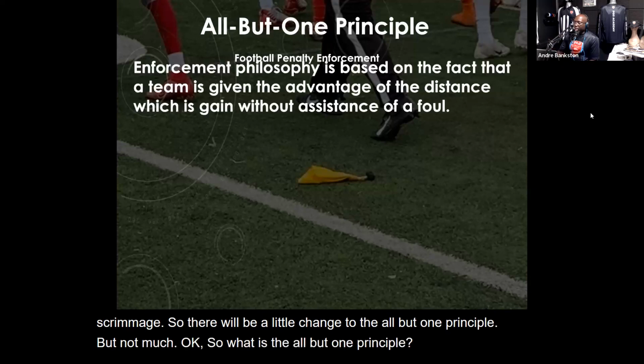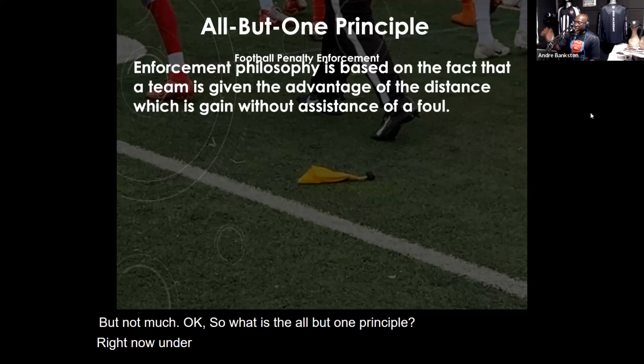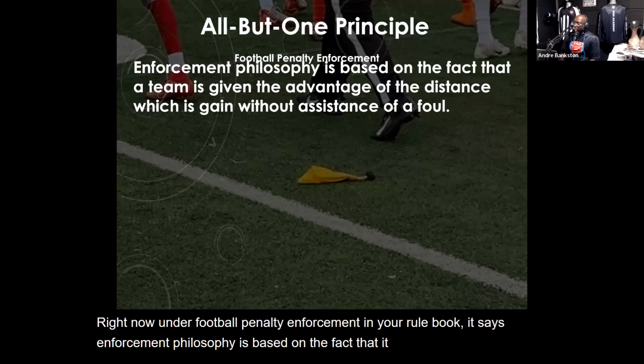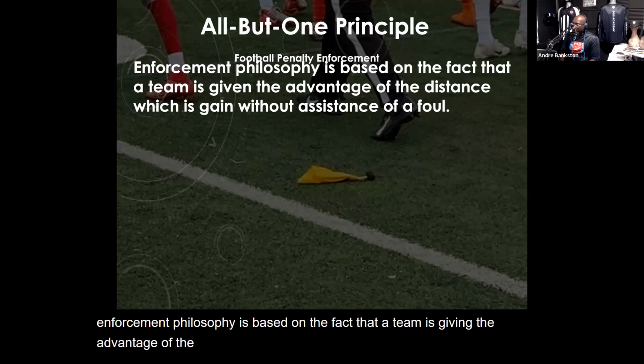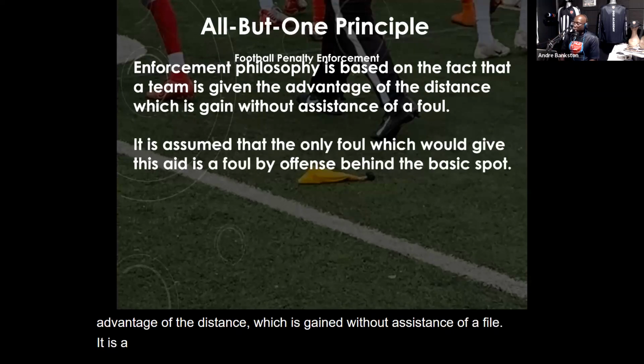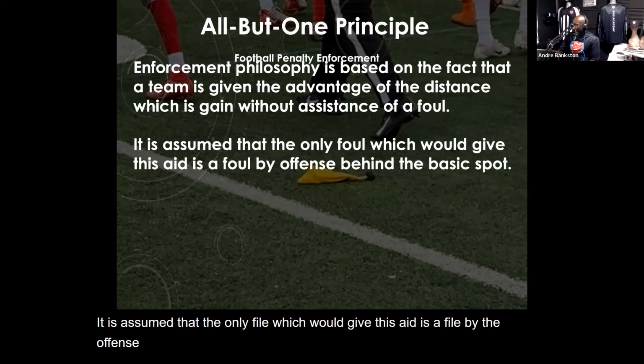Right. Now, under football penalty enforcement in your rule book, it says enforcement philosophy is based on the fact that a team is given the advantage of the distance which is gained without assistance of a foul. It is assumed that the only foul which would give this aid is a foul by the offense behind the basic spot.